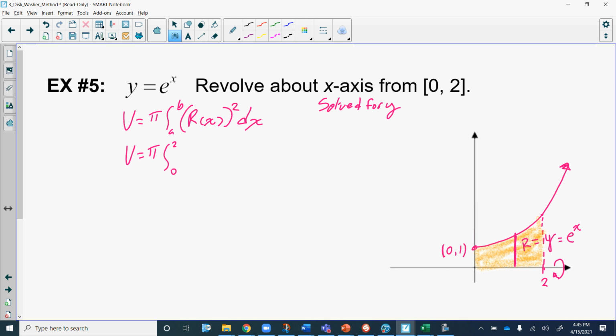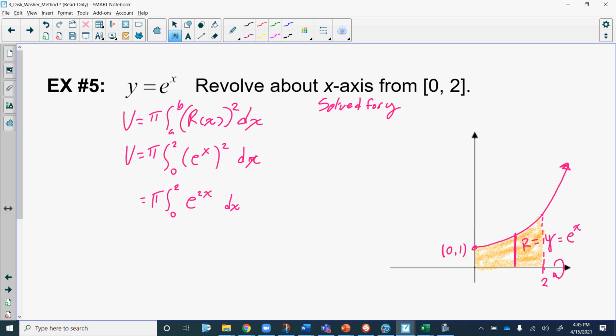The radius in this case is going to be e to the x power squared times dx, not dy. So simplifying this, we're going to get pi times the definite integral from 0 to 2 of e to the 2x power dx.